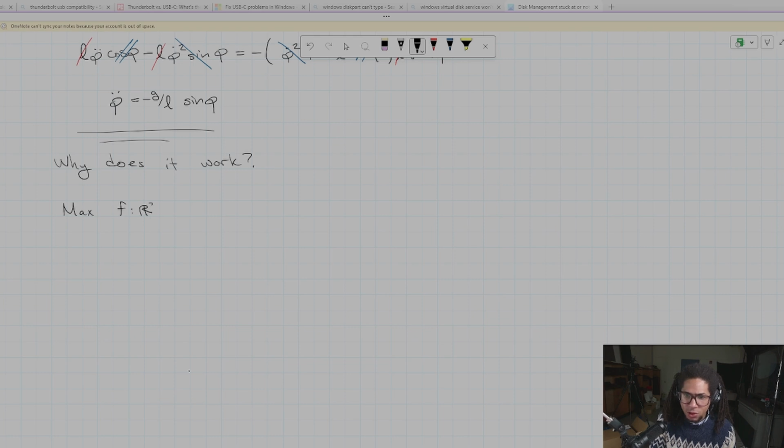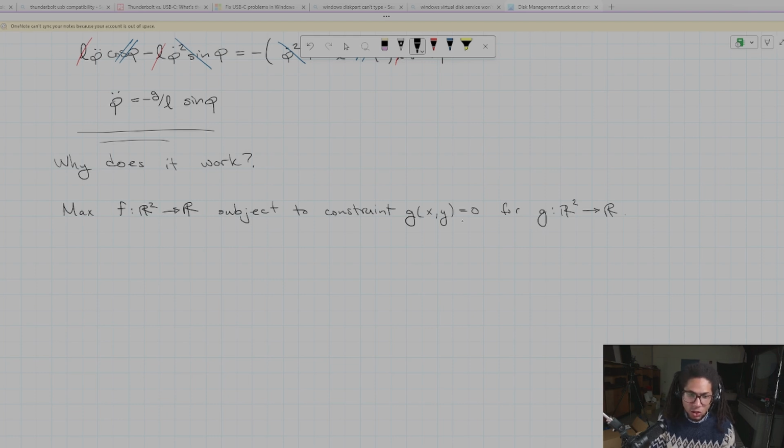So f from R2 to R, subject to a constraint that g, which is also a function from R2 to R, let me say that g of x, y is equal to 0 for some function g that goes from R2 to R. Okay.